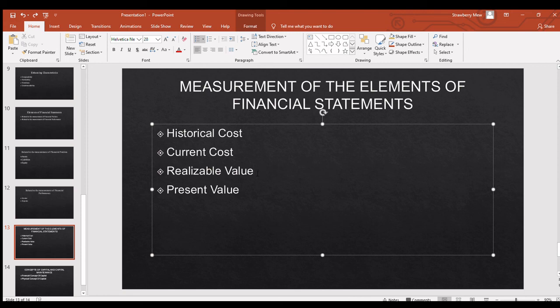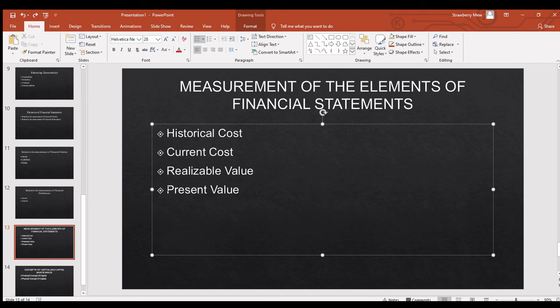So yung 2,000 na yon na makukuha natin kung ibebenta natin ngayon ang equipment, that is the realizable value kasi ito yung pwede natin makuha kapag ibebenta natin ang isang asset. At of course, using proper procedures.